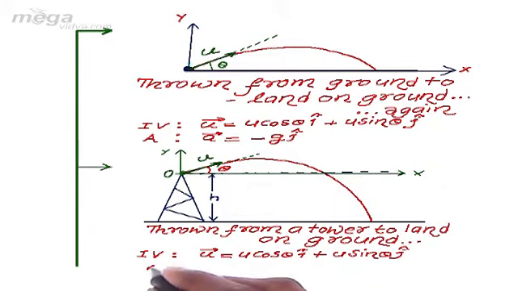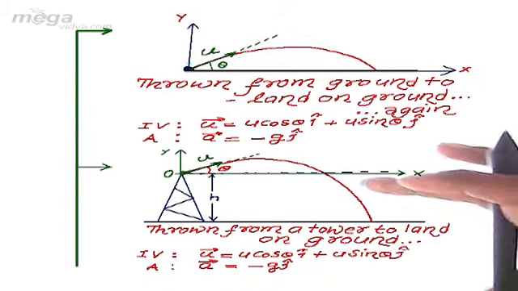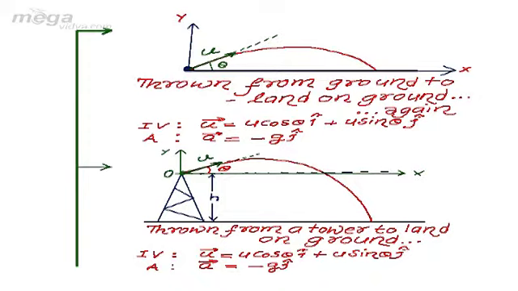And if we talk about the acceleration, here also the acceleration can be written as minus g j cap. With these parameters known to us, we can analyze all other factors related to this projectile.